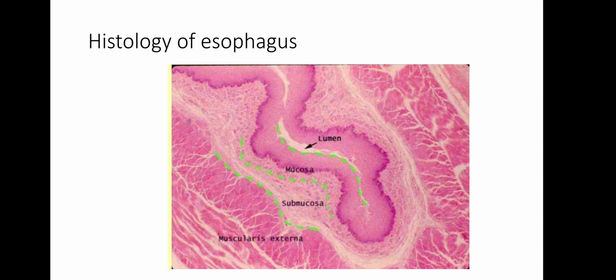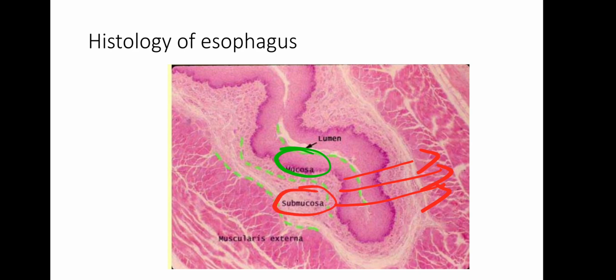Okay, so a little bit about the esophagus histology. Here we have the mucosa made up of non-keratinized stratified squamous epithelium. In the mucosa, we have the epithelium, lamina propria and muscularis mucosa.